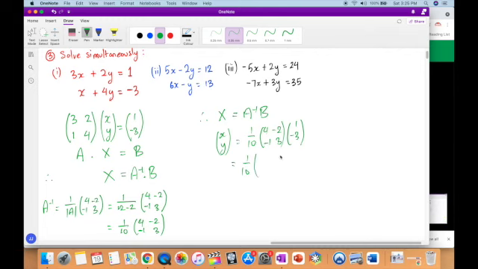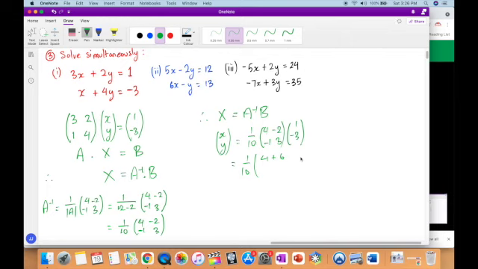If this is a 2 by 2 and this is a 2 by 1, we should get a 2 by 1 as the answer. So we see here that 4 times 1 is 4, plus negative 2 times negative 3 is positive 6.